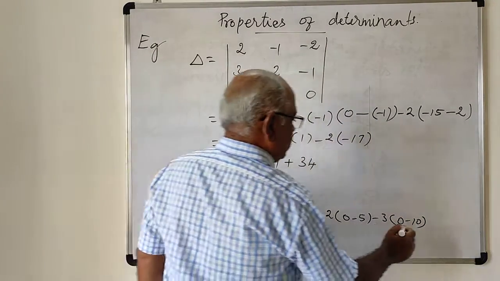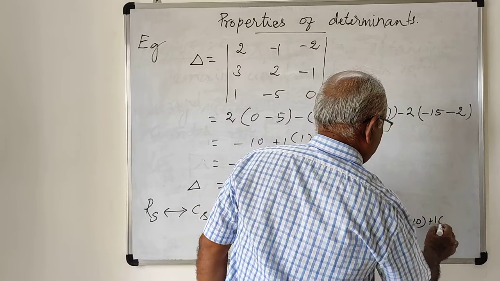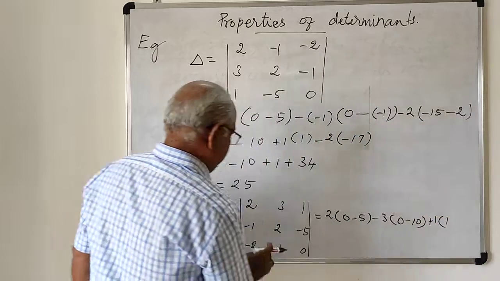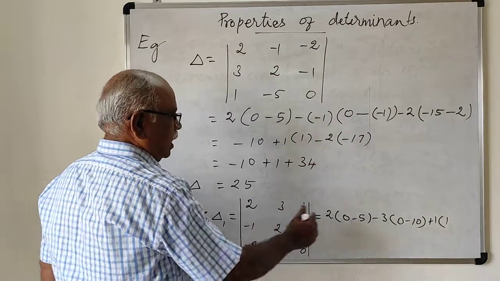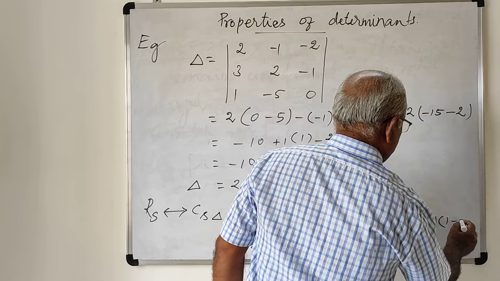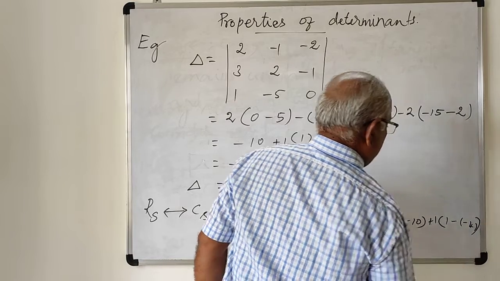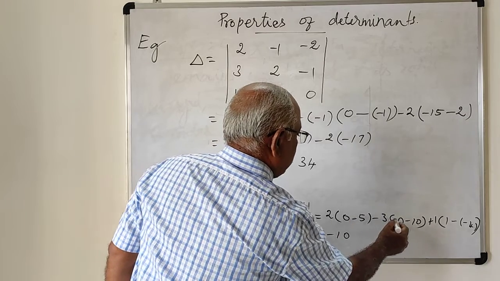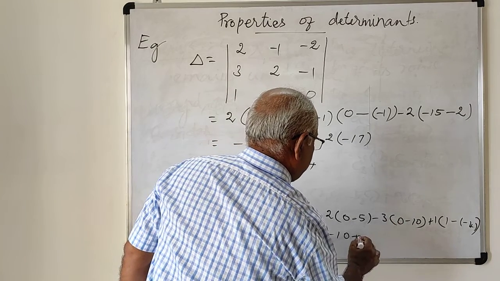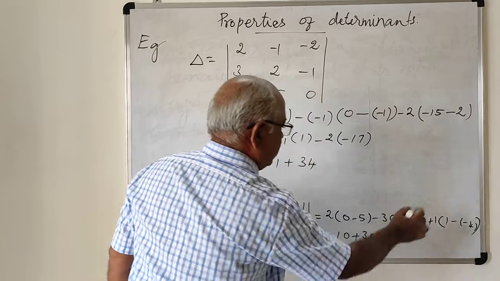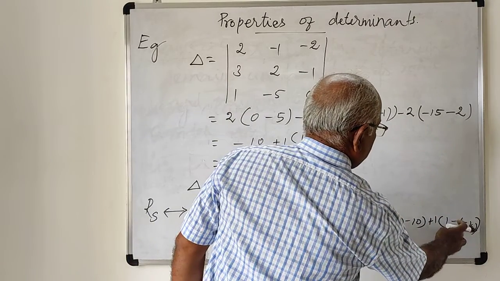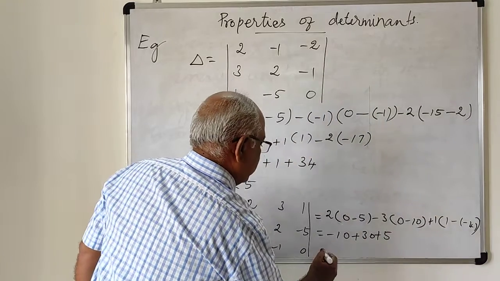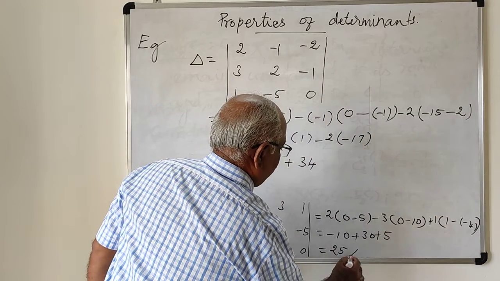Plus 1 into, minus and minus plus 1, minus 4, expanding gives minus 4. That is equal to 2 into minus 5, minus 10, minus 3 into minus 10, plus 30, plus 1 into minus 1 plus 4, plus 5. 35 minus 10 is 25.